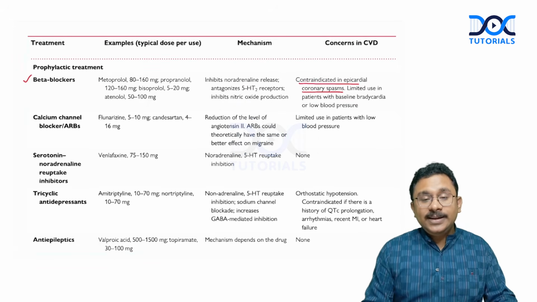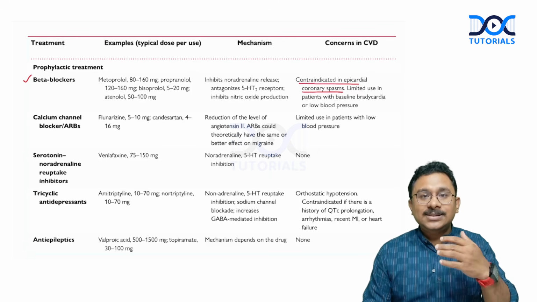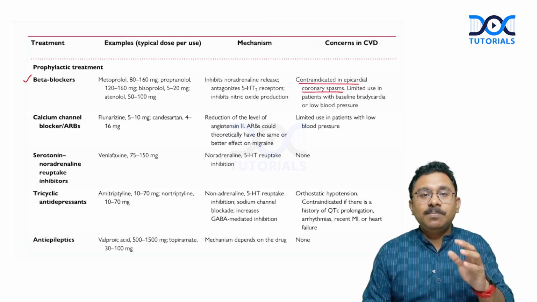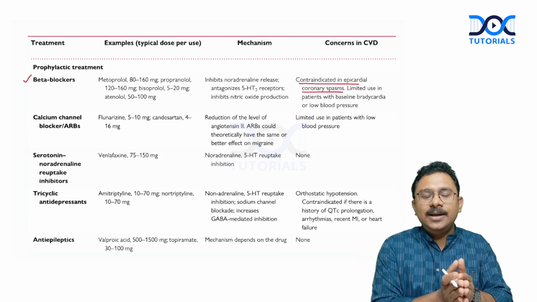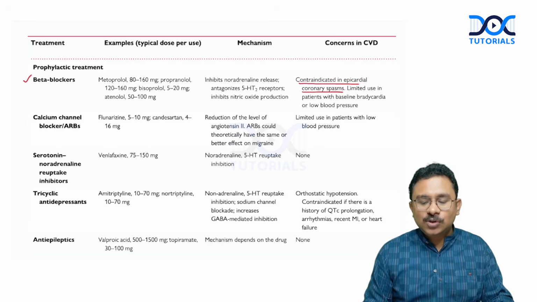Since in the question there is a specific mention that intake of triptan has resulted in chest tightness, I am strongly considering the possibility of coronary vasospasm, or I can say that this patient is predisposed to develop coronary vasospasm.